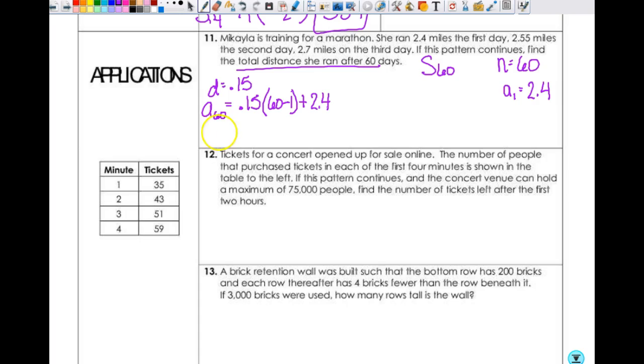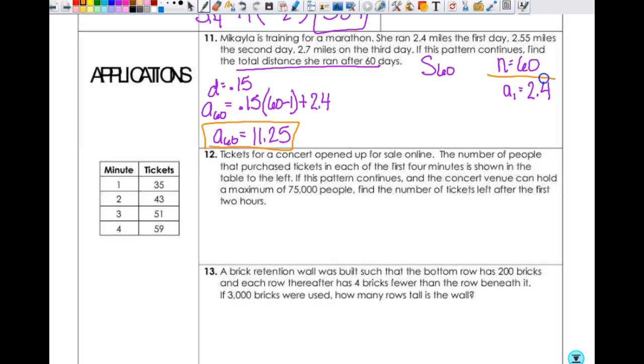So what would that give me? Okay, give me the decimal. That's good, but it should be 11.25.